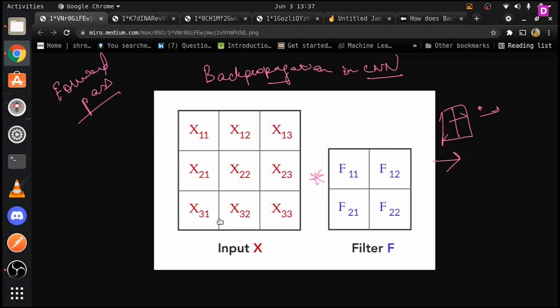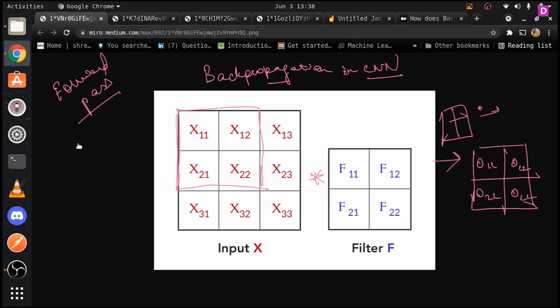So let us suppose these are our input values and this is the filter. We are getting an output. So this is our output feature map, and let this be O11, O12, O21 and O22, right? So we will understand this one more time. First we will place our filter at the top left corner to get the value of O11.